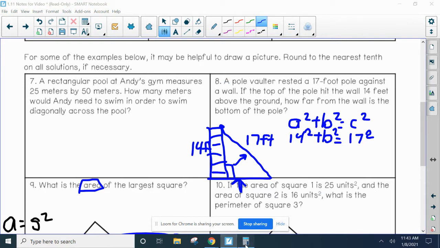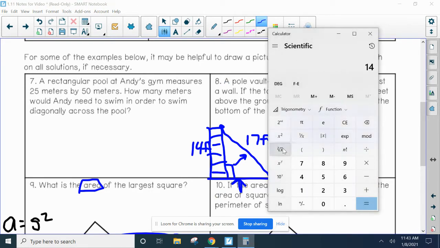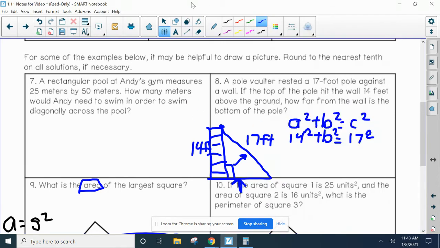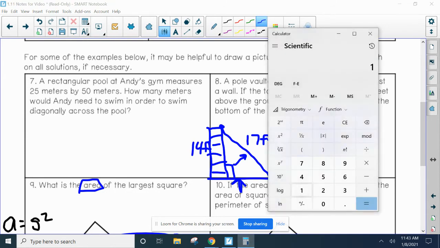All right, so what is 14 squared? It's 196. So 196, not squared, we already squared it. Whoops. Plus b squared is going to give us our 17 squared, so 289.